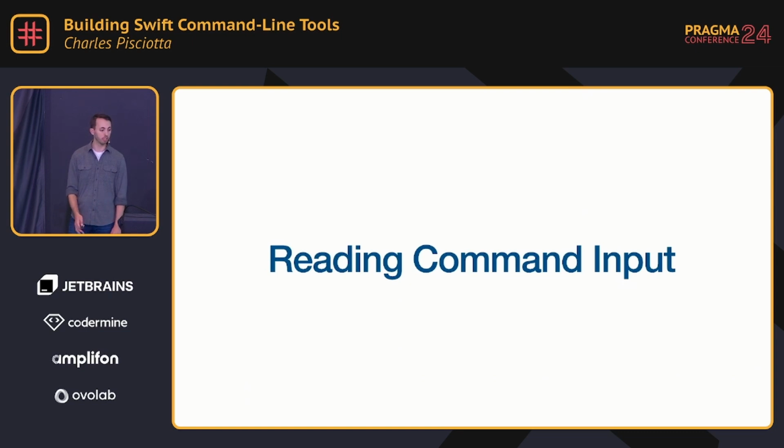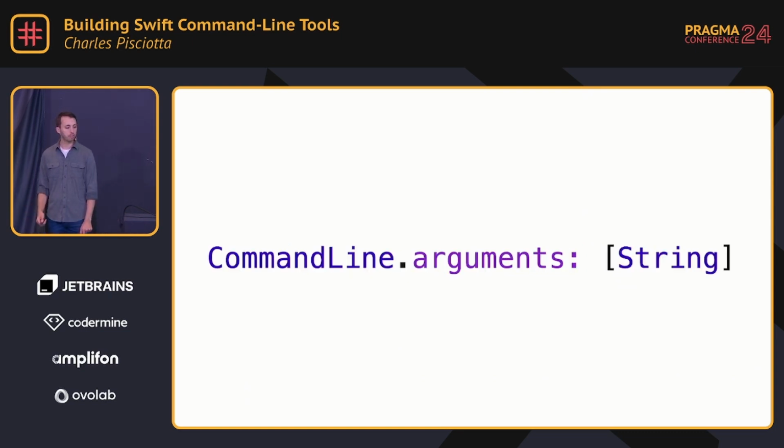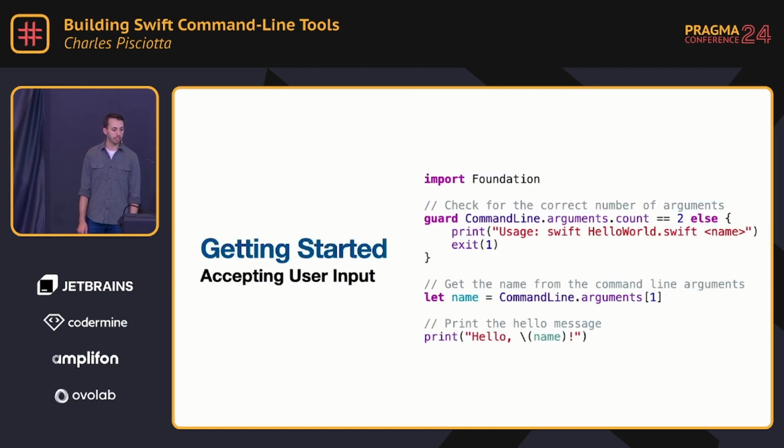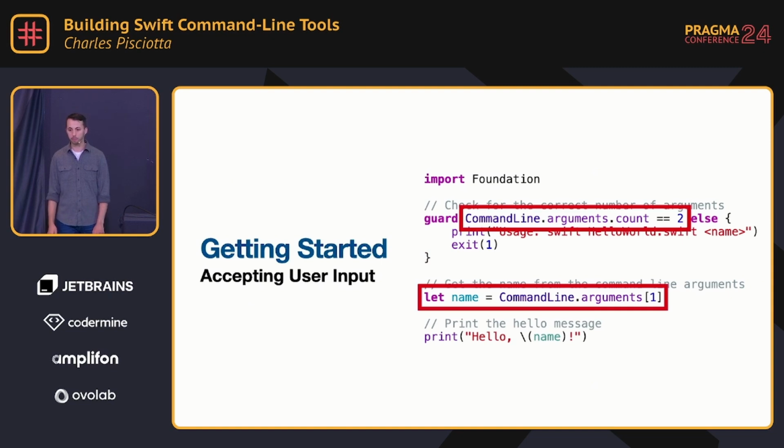Now, I can do the same to read input. When I want something a little bit more complicated that maybe accepts user input, I can use this type called CommandLine, and I can then leverage the property called arguments, which is an array of strings of that input. Looking at this slightly more complicated example, you can see here that we now call the CommandLine arguments property, first validating that there's the correct amount of input, and then accessing that first input for the name.